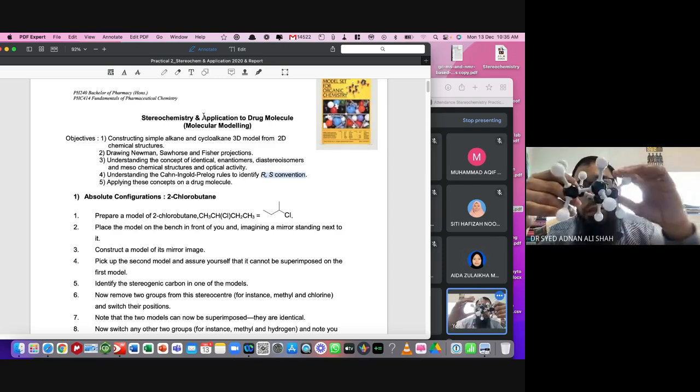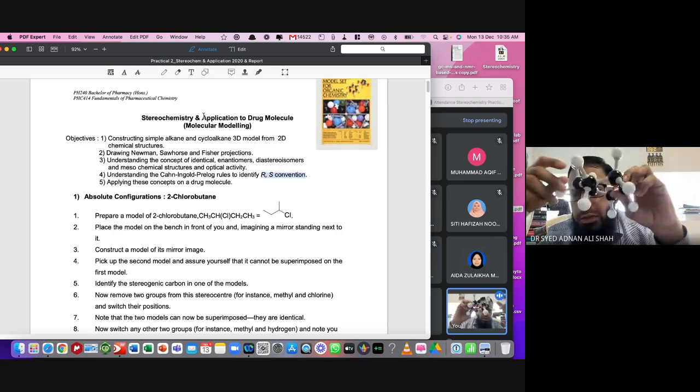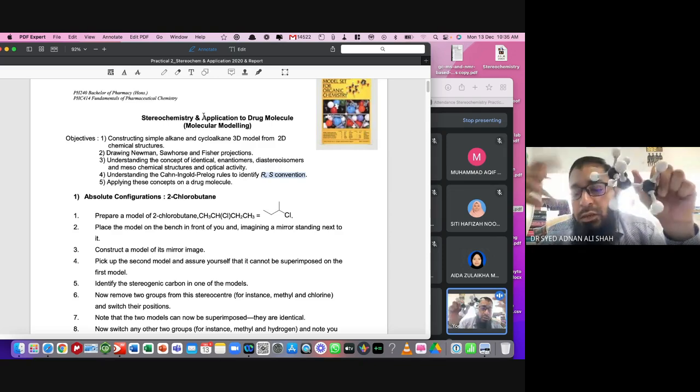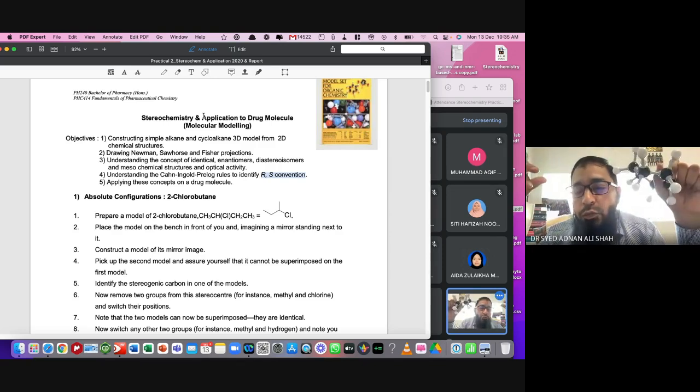So one molecule has different conformations, meaning many conformations. The best example is if a person is dancing, right? It has different conformations, but it is the same person dancing, with different movement of the hands and the legs.